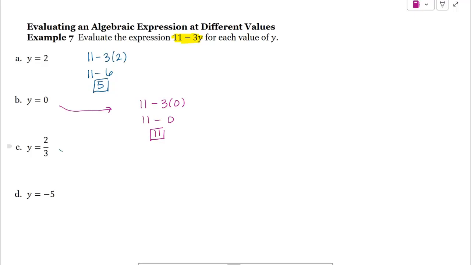For example C, I have 11 minus 3 times 2/3. It might be helpful for us to write this 3 as 3 over 1 so we can think about multiplying those fractions together. So this will be 11 minus, those 3's are going to cancel here, 11 minus 2, which is 9.